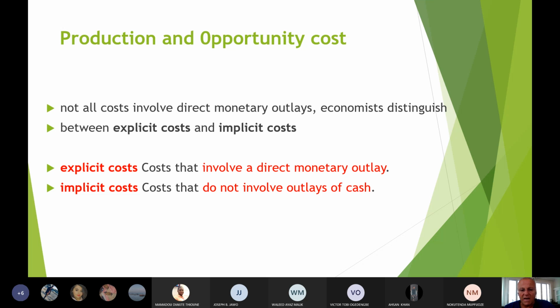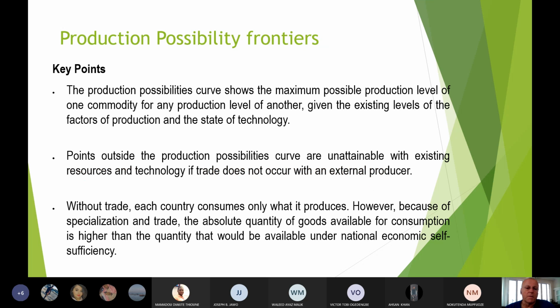Explicit costs involve direct monetary outlays, and implicit costs do not involve outlays of cash. Therefore, this is also important in production to determine how many units of production are going to affect and change this cost for estimating and determining the costs and benefits in the economy.